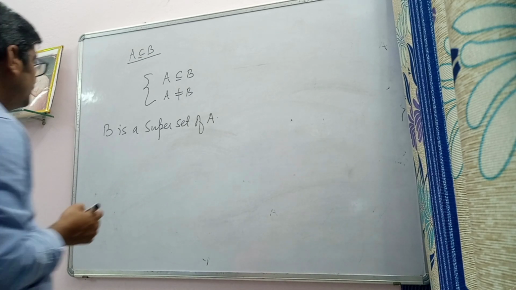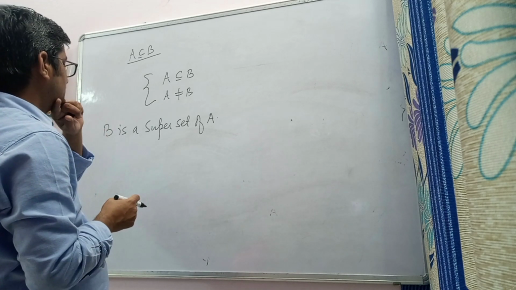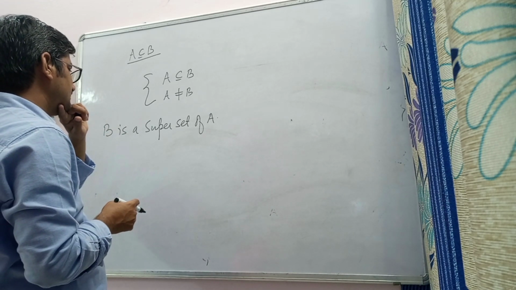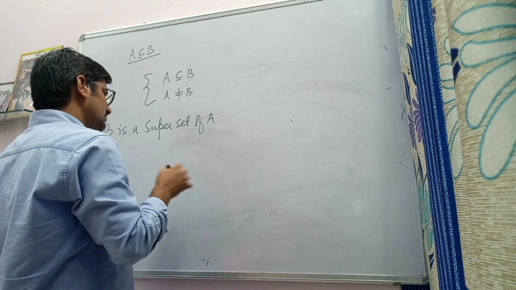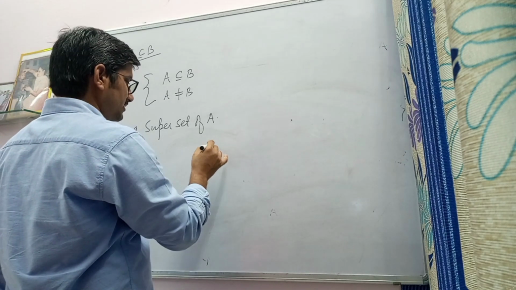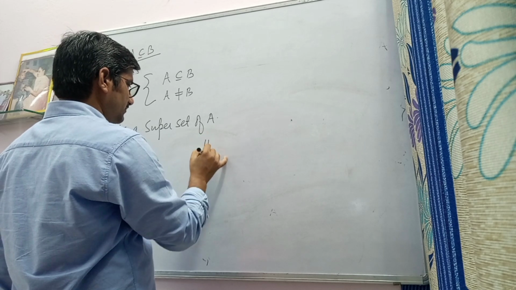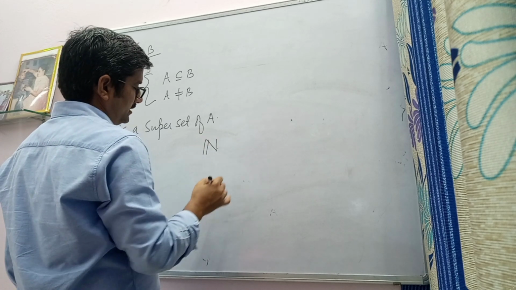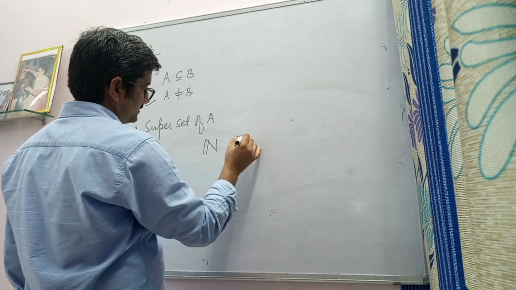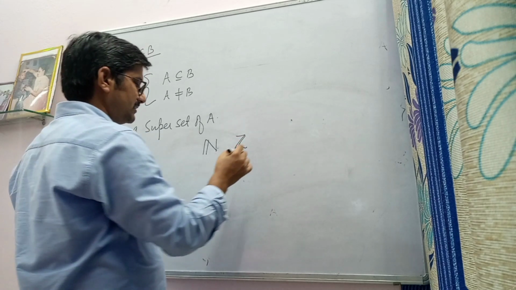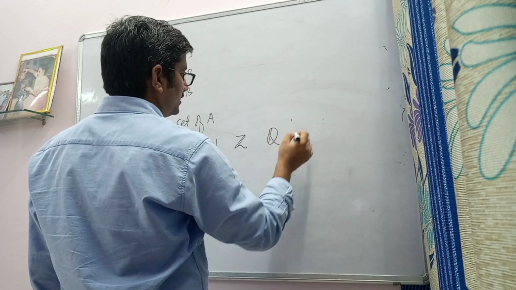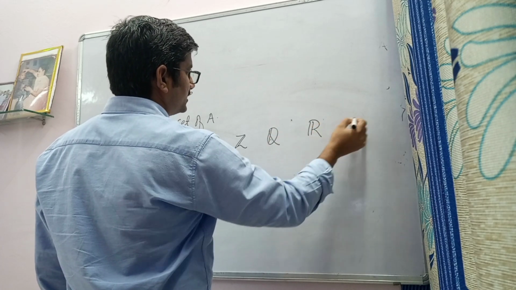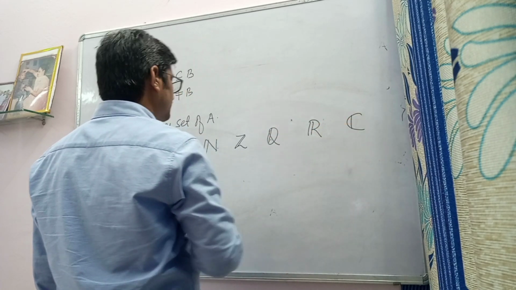So if we use the concept of the subset or proper subset, and we want to connect a relation between the set of natural numbers, then the set of integers, then the set of rational numbers, then the set of real numbers, and then the set of complex numbers.